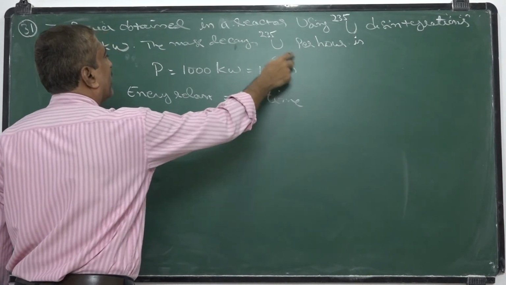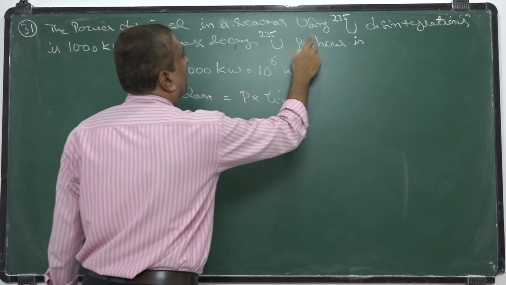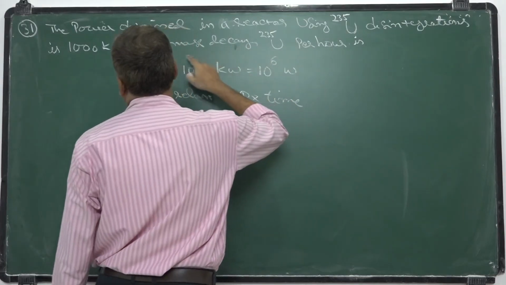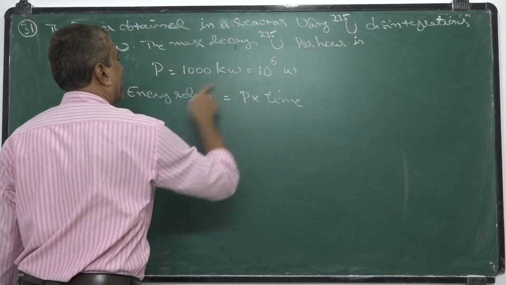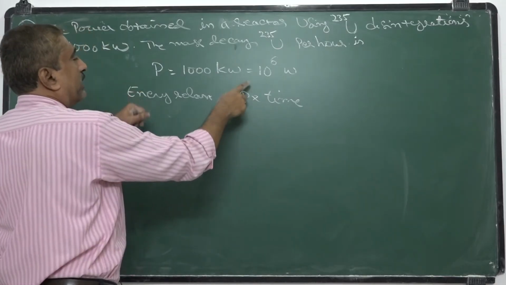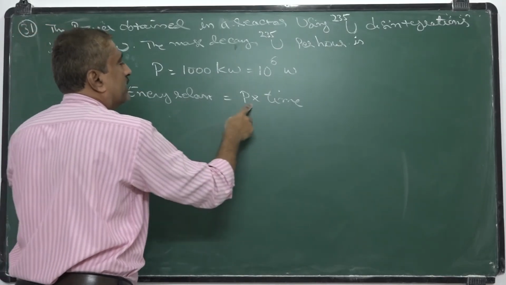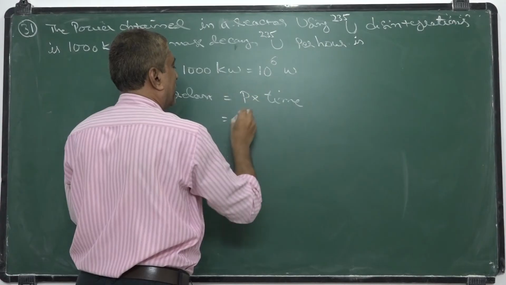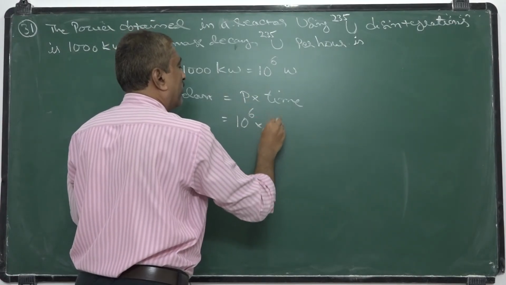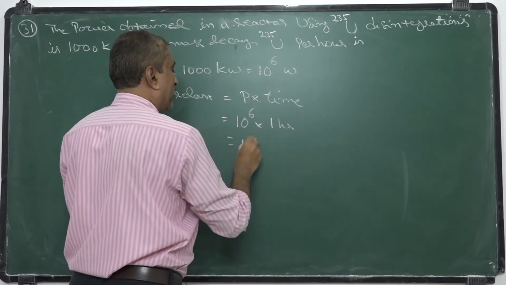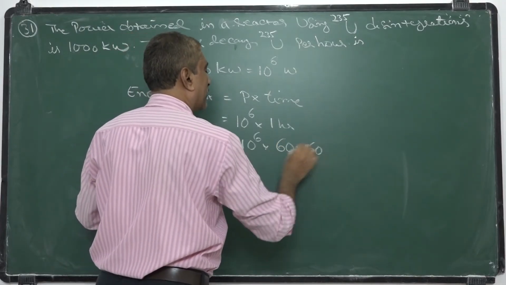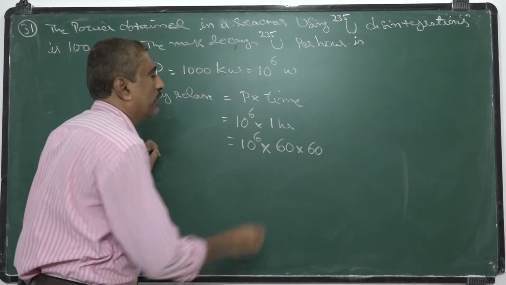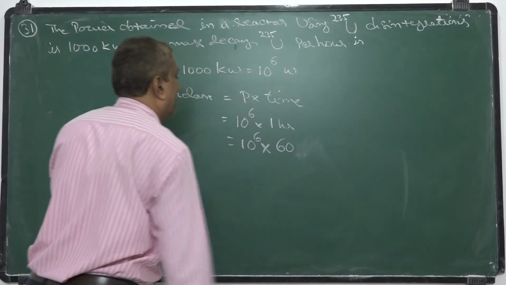Here we have to calculate energy released in time duration given as per hour. So energy released is power into time. That is power is 10 power 6 and the time is 1 hour. 1 hour means it is 10 power 6 into 60 minute into 60 second.